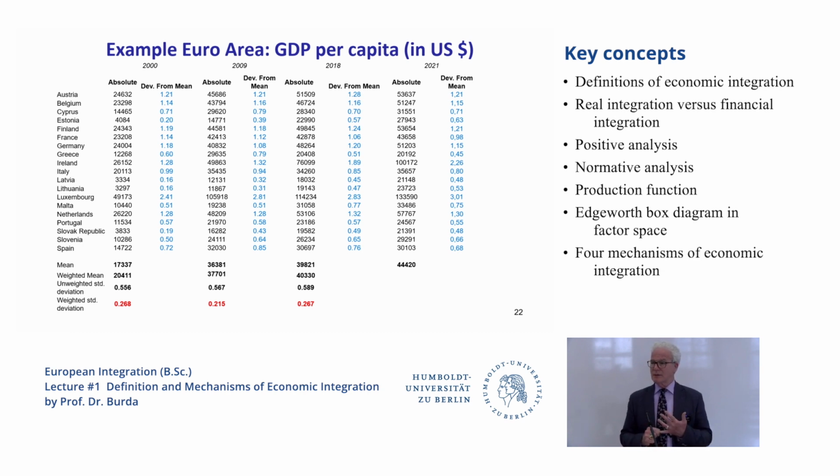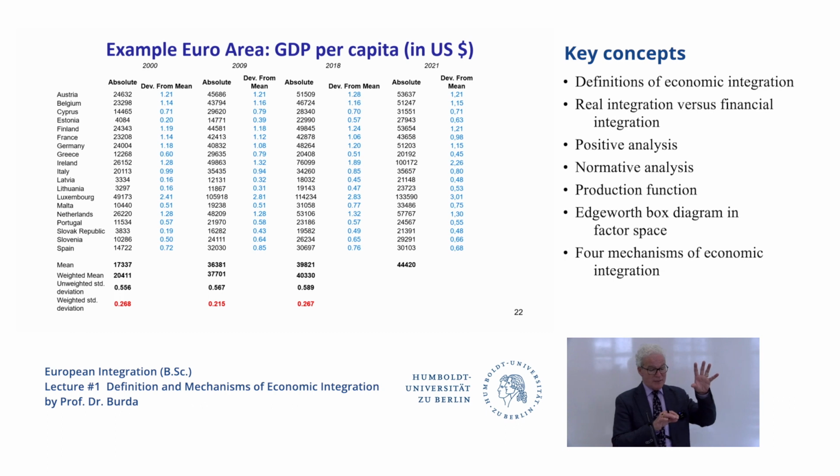Things got worse. Some countries like Greece, Portugal, Spain, and Italy as well had real setbacks. Things are improving, and I invite you to take a look at this table in detail at your leisure.